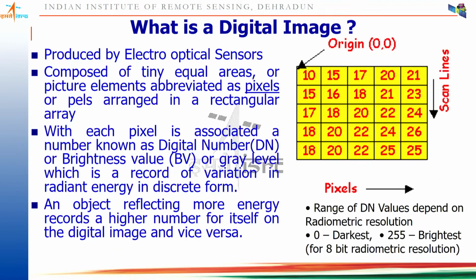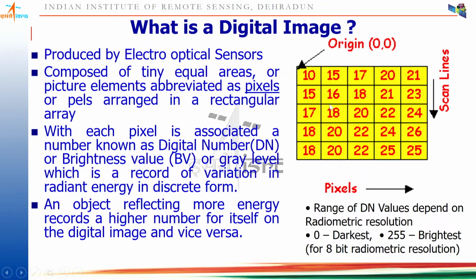A digital image is produced by electro-optical sensors on board the satellites orbiting around the Earth, in our EO data sense. A digital image is composed of tiny equal areas called picture elements, or more commonly, you will hear the abbreviation pixel or PEL, for picture element, and they are arranged in matrix form in a rectangular array.